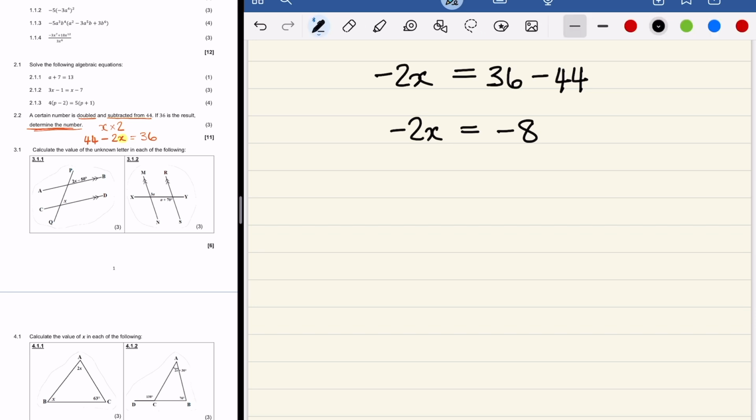To get rid of the coefficient, I'm simply going to divide by the coefficient. So that means dividing by negative 2 on both sides. And that results in, of course, the negative 2 just cancels out, and that leaves us with x, and negative 8 divided by negative 2 gives us a positive 4.